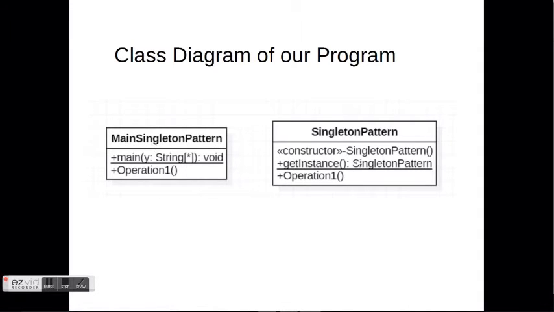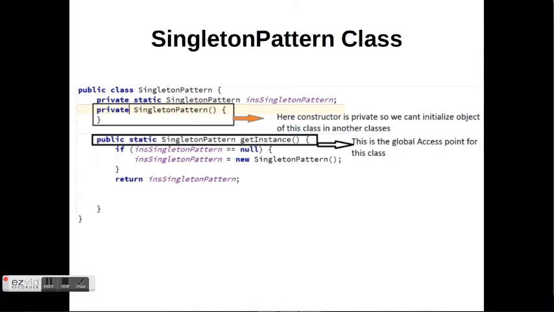Coming to singleton pattern class, we have one constructor and one method, that is get instance, and the access specifier of this method is public, and the return type of this method is singleton pattern, that means it returns the class object. And next coming to main singleton pattern, the class having the main method. That's it. This is the class diagram of our program. So I explained in the form of diagram.